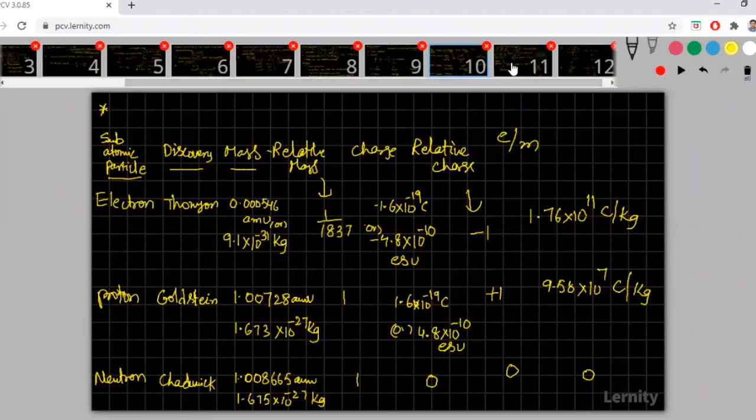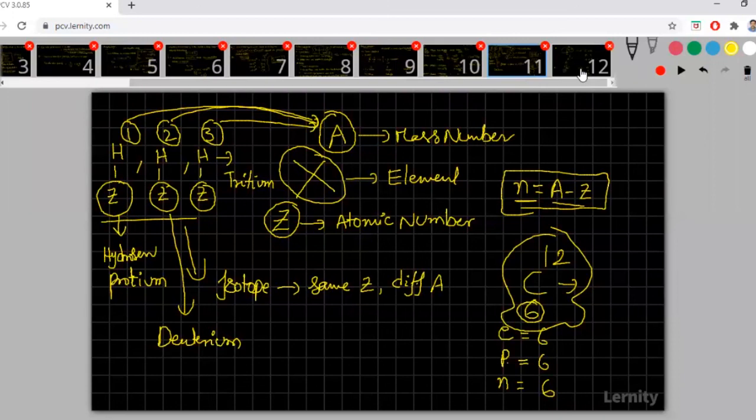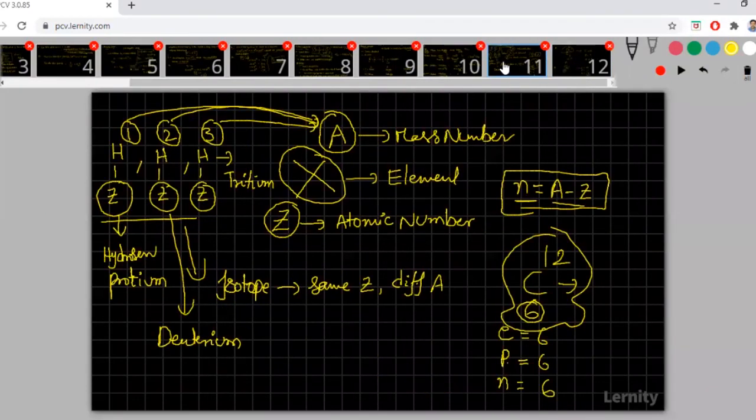Next, we will move on to mass number. What are the hydrogen isotopes? Can you revise with me? Hydrogen isotopes are protium, deuterium, and tritium. The formula for number of neutrons is n is equal to A minus Z. And these are the problems. Then the 4th slide.